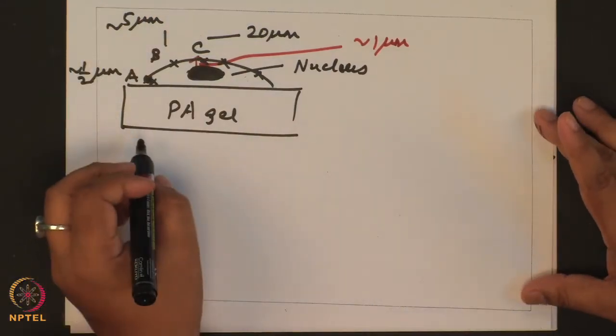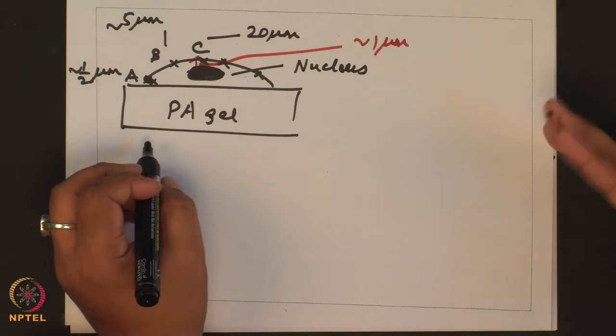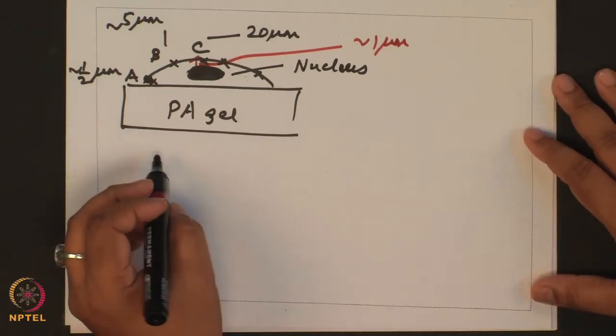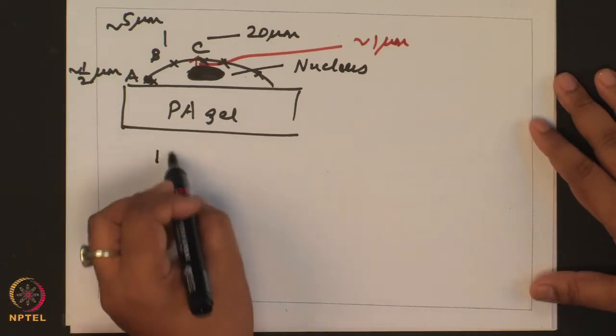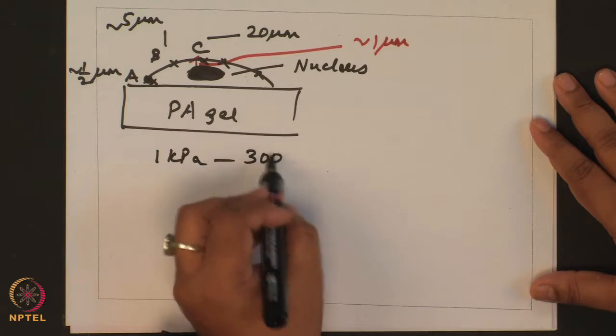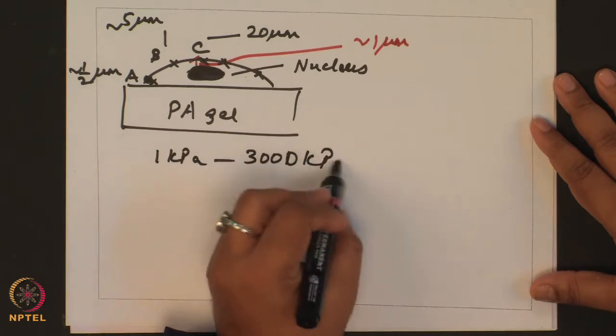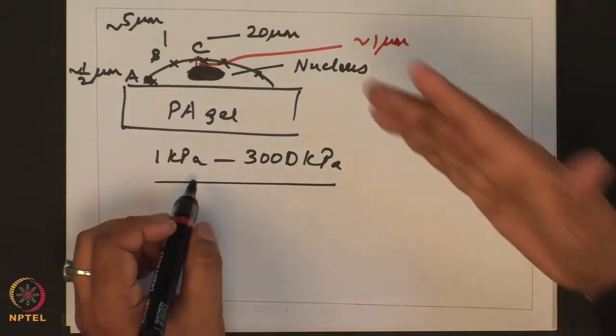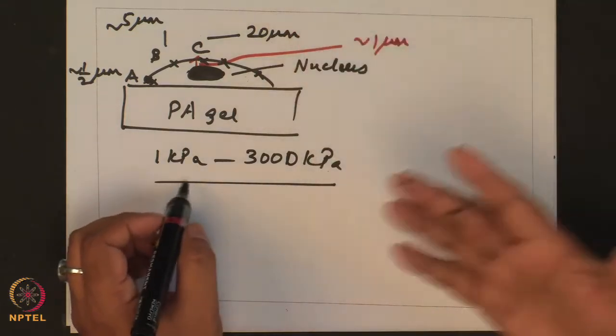As a consequence of this, when you do measure elasticity and you get these metrics, you might get a wide range of stiffness varying from as low as 1 kilopascal to as high as 3000 kilopascal. So, do these make any sense? You did the experiment, you fit the data and this is what you get.